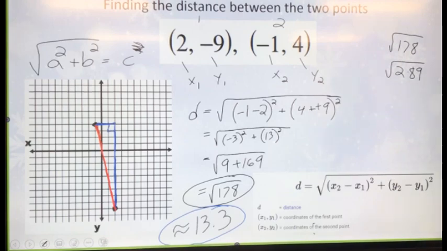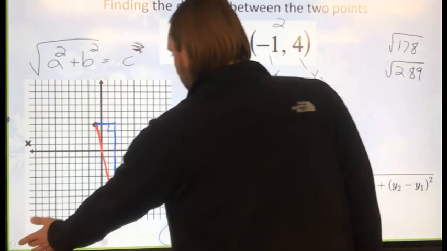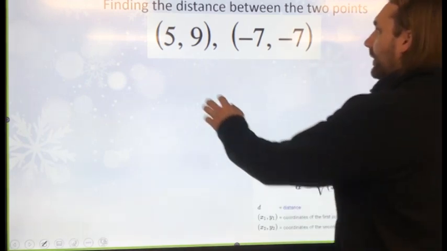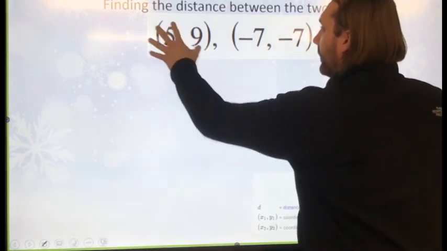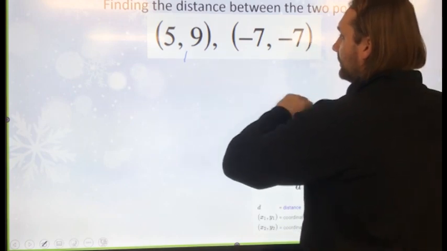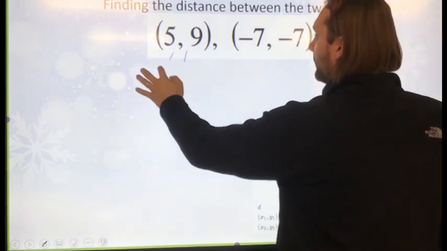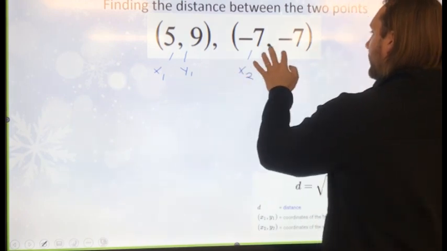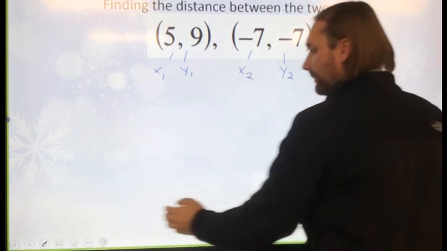So using this formula, let me give you a moment. Find the distance between these 2 points, (5, 9) and (-7, -7). I'm going to call this my left side 1, my right side 2, just because, it doesn't matter. So this is my x1, this is my y1. This is going to be my x2, and this is my y2.